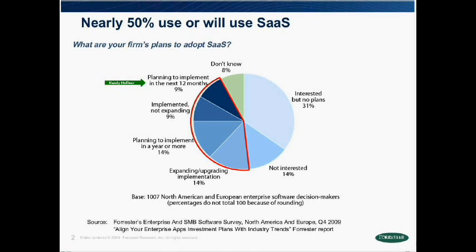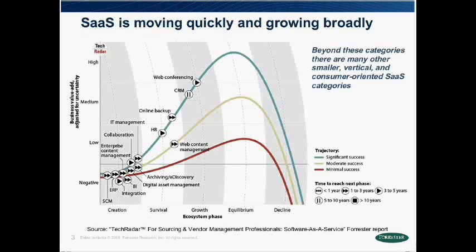Well, when they look at SaaS out there now, what will they find? Well, they'll find a market that is moving very quickly and growing very broadly. This chart is a Forrester Tech Radar. It tells you all sorts of things, and I don't have time to go into all of it, but let me point out some things in particular. If you look along this top line and see some of the leading forms of SaaS, you see that there are these forms of SaaS that are providing very high value to organizations.